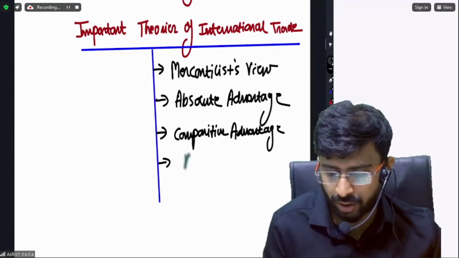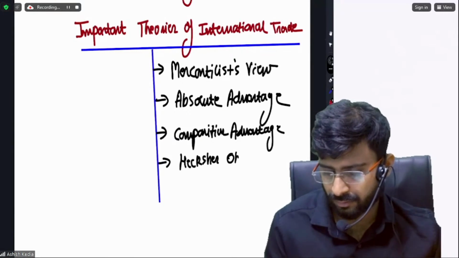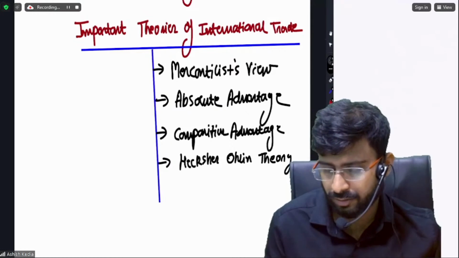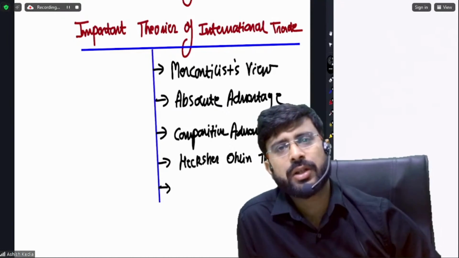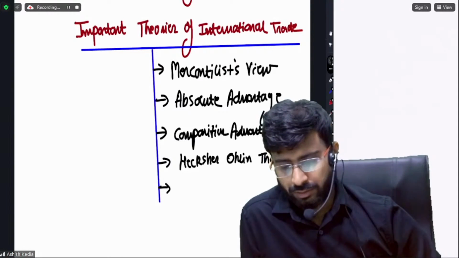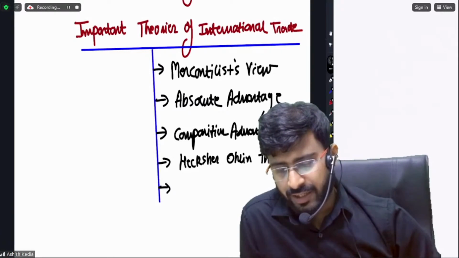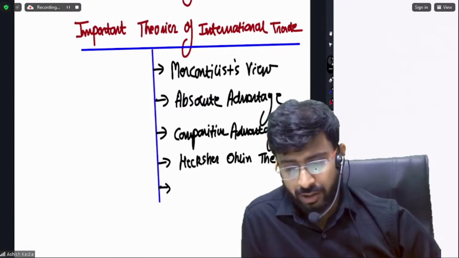Number four is Heckscher-Ohlin theory. What else do we have? Mercantilist view, absolute advantage, comparative advantage, Heckscher-Ohlin theory.